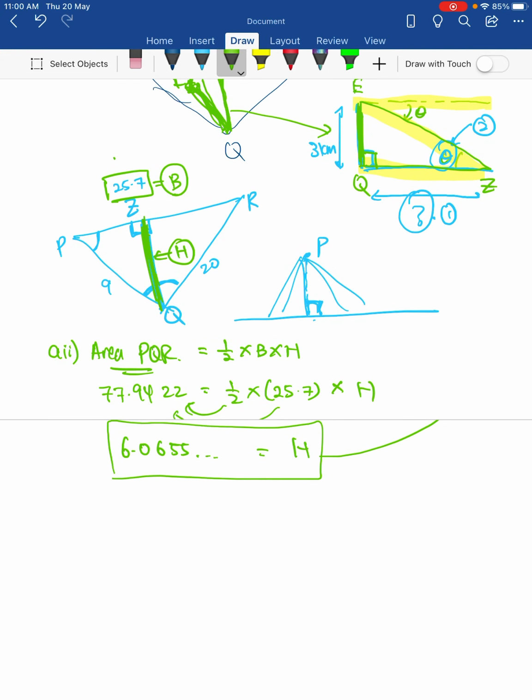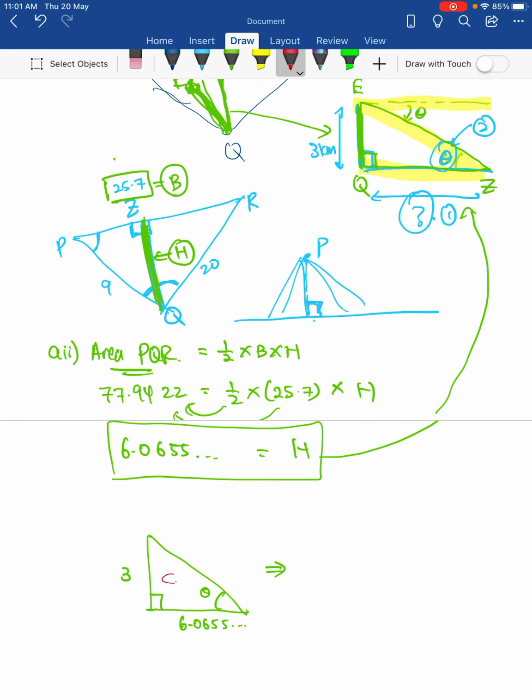So now we have this triangle, the right-angled triangle. We have 3 kilometers, and this is 6.0655, and we want to find the angle. So since this is a right-angled triangle, we can use SOH CAH TOA. How to use SOH CAH TOA?